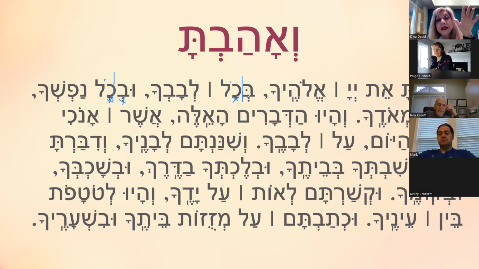There is an explanation of the rule, but it's too complicated to go over it. So when you read the prayer V'ahavta, you're just going to need to remember this is Bechol, Uvchol, Uvchol.